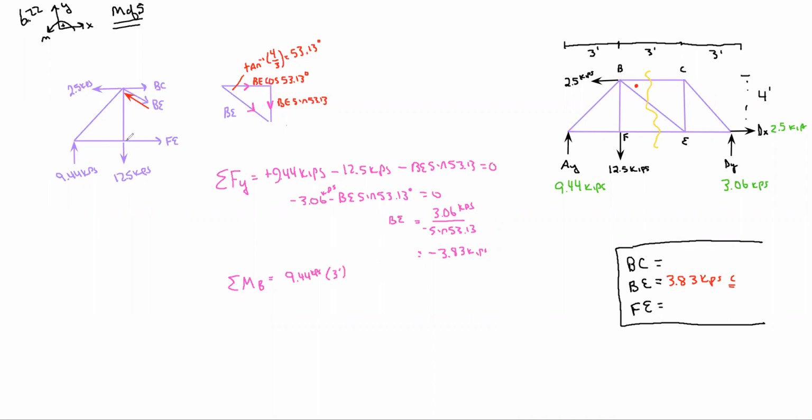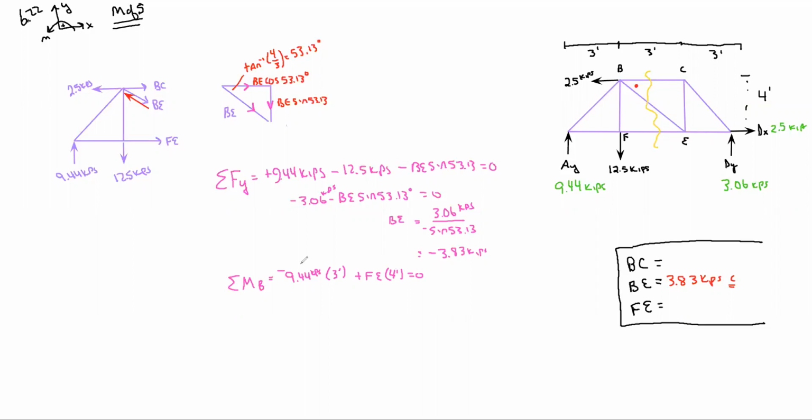The 12.5 is in the line of action of point B, so the distance is 0. That's a non-player. We also have FE, and the perpendicular distance between point F and point B is 4 feet. If we're rotating about point B and pushing up at point A, that's counterclockwise and negative.